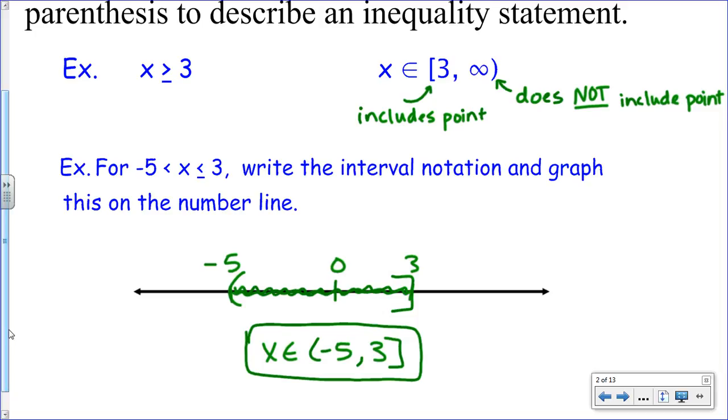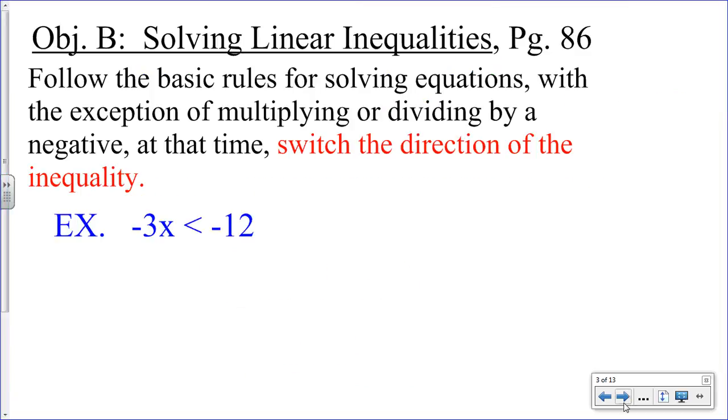Okay, so we're going to talk about just some basic solving here, basic inequalities, just single inequalities, not compound. These follow the basic rules for solving equations, meaning you're trying to get the variable by itself. The only exception is if you multiply or divide by a negative, you have to reverse the direction of your inequality. So you change the direction.